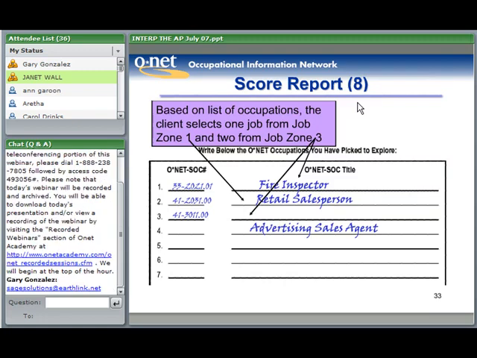All right, so what happens is the person then takes a look at their 5 listings. And they've selected, hopefully, a current job zone and a future job zone, or they don't have to do that at all. They can just select any job zone that they feel like they want to look at. They can examine all of them. Okay, let me pause a minute again for a question that has just popped in from Catherine.